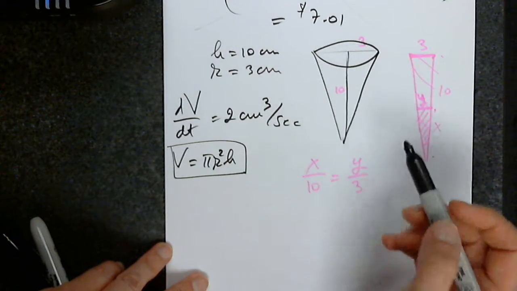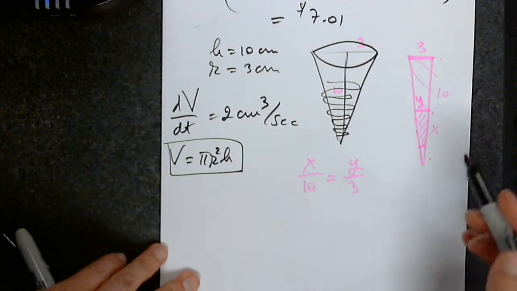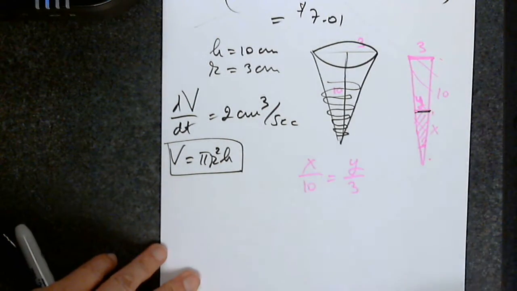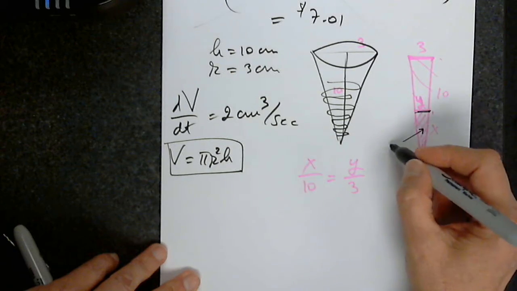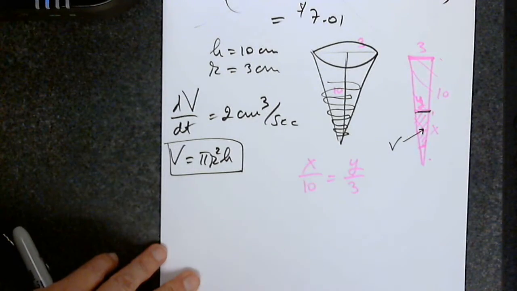Right now it's empty, and then it starts filling up. This is the level of water in the inverted cone at a particular time. So I have to find a way of presenting this volume of water not at a height that I know, but at a height that I don't know.